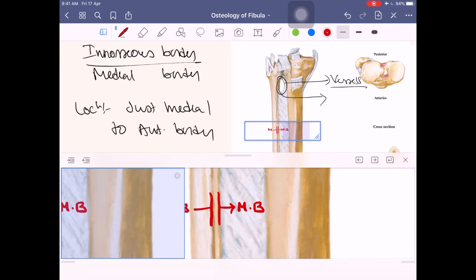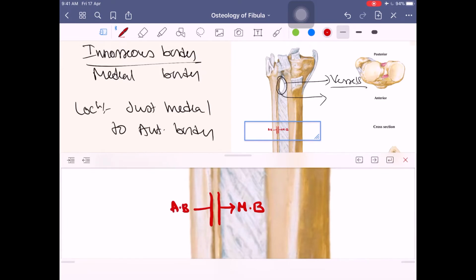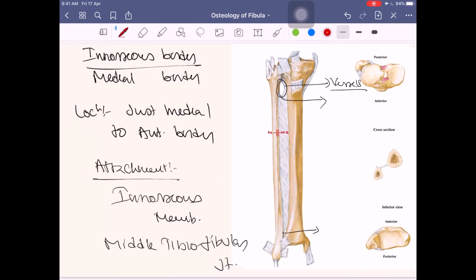Now in this figure which I have drawn, the medial border is lying parallel to your anterior border, and as far as the extent is concerned, again it is starting from the medial aspect of the head of the fibula. It goes all the way down till the lower margin, where you have an articular facet for the lower end of the tibia.